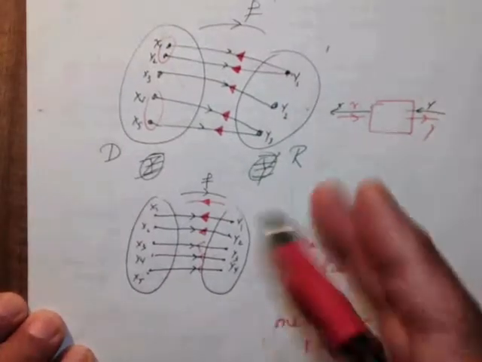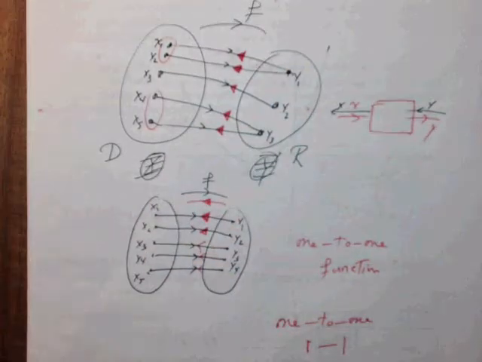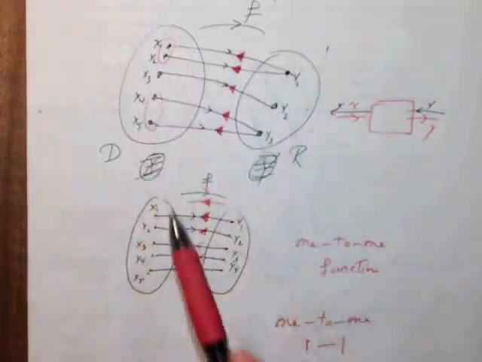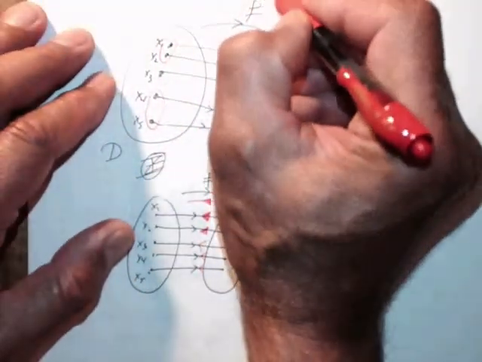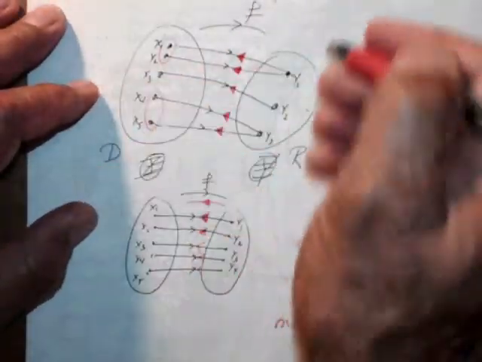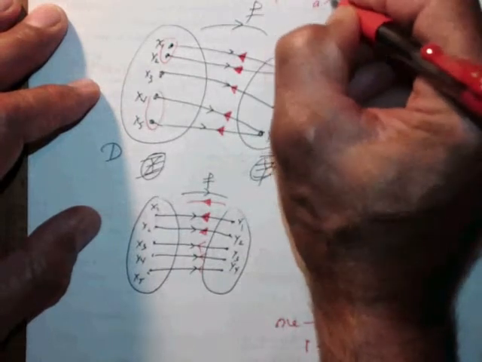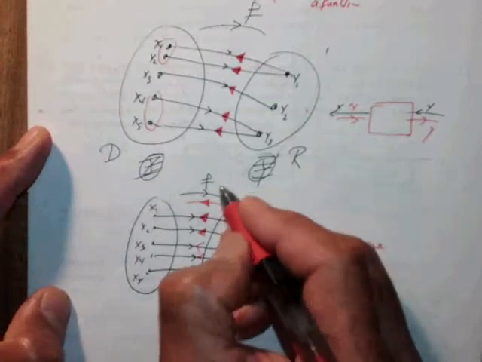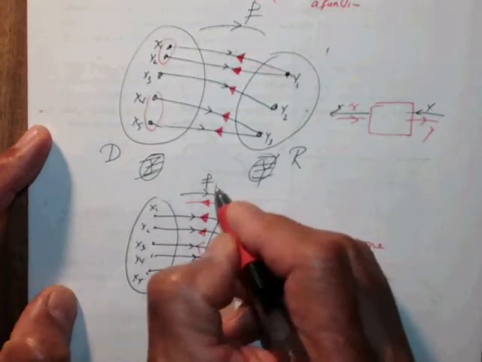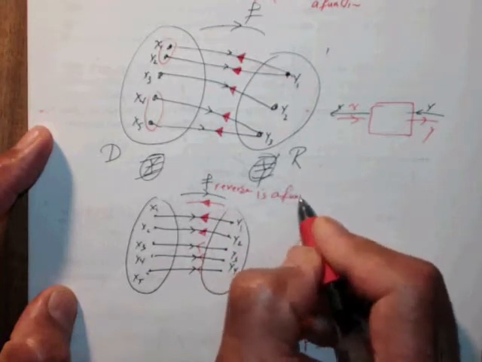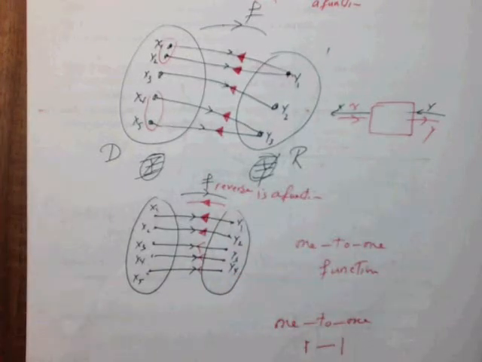It turns out, for the two examples I have here, that for this one, when you do the reverse operation, I say f reverse, f reverse is not a function. But here f reverse is a function. So basically what we're going to do is this.